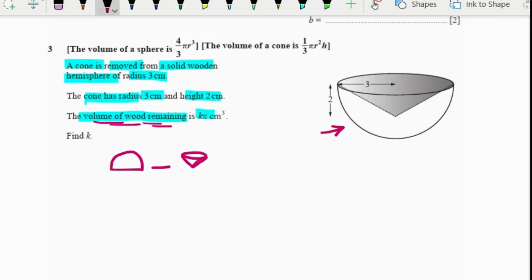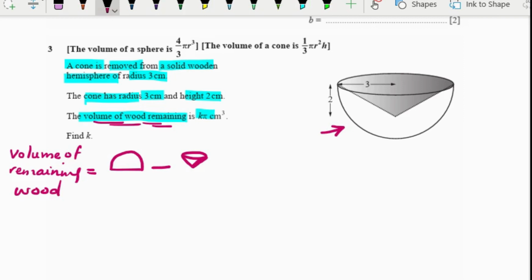What is left is our remaining wood. So you have to calculate the volume of the remaining wood. Got it?